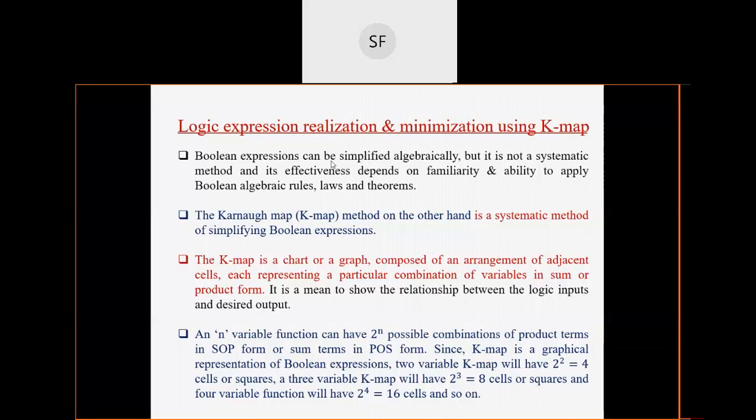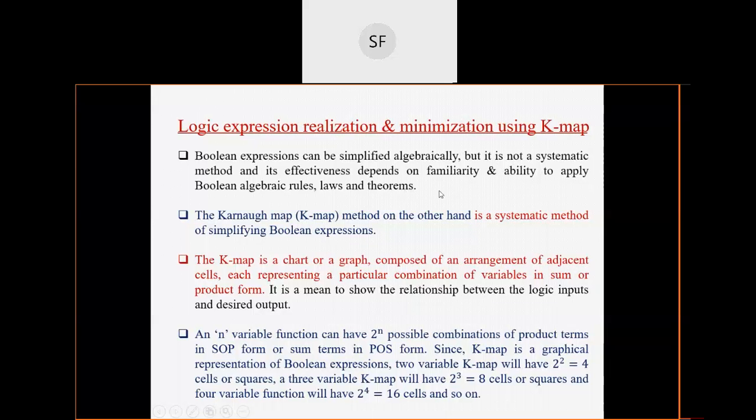When we simplify the Boolean expression algebraically, you have to follow many algebraic rules, laws and theorems. Its effectiveness will depend on how much you remember these rules, laws, theorems, and how you apply these laws to the Boolean expression.